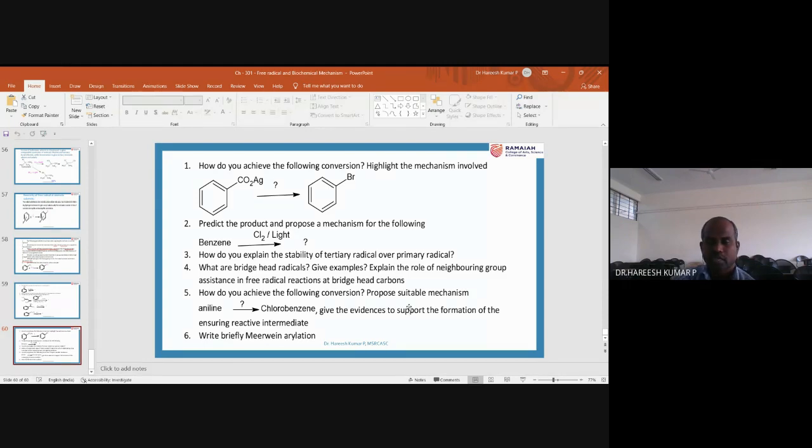Some of the answers you can get from Smith, more particularly the evidence supporting the formation of the reactive intermediate. The name reaction is Sandmeyer's reaction, but the evidence you can get from Sykes or Smith. Write briefly on Mervyn annihilation. It's a direct question, a name reaction, and you can answer.